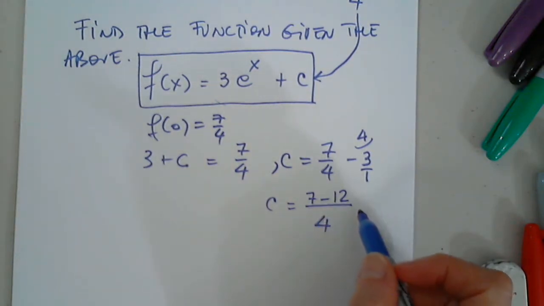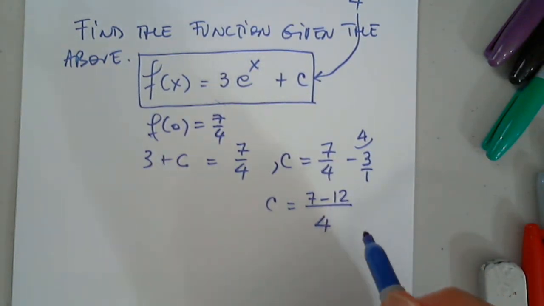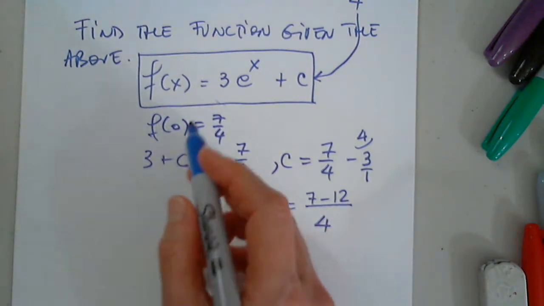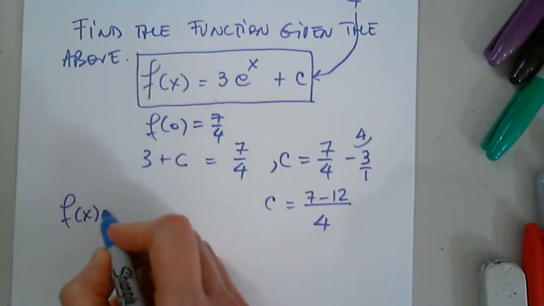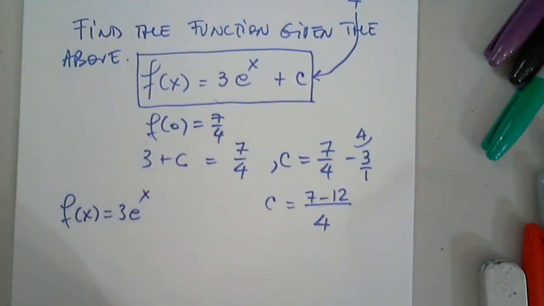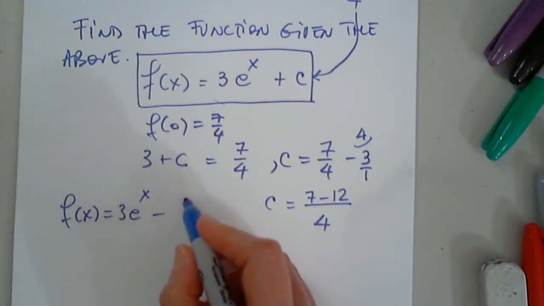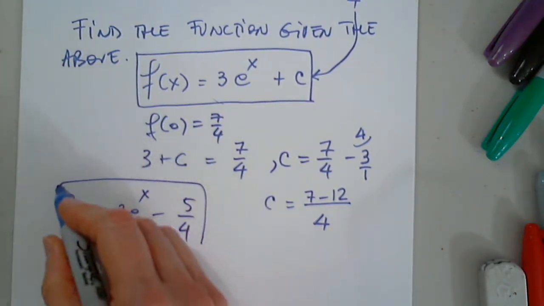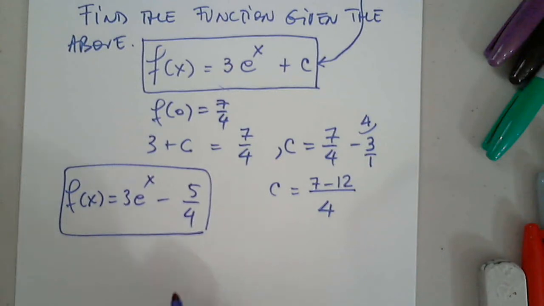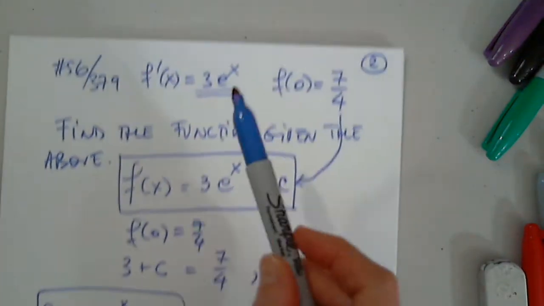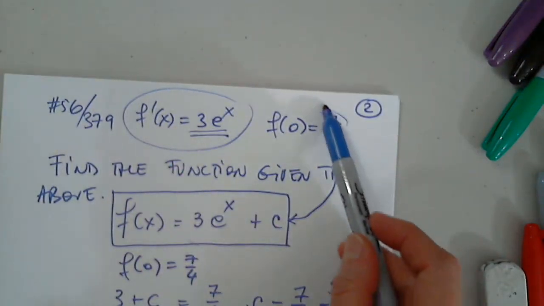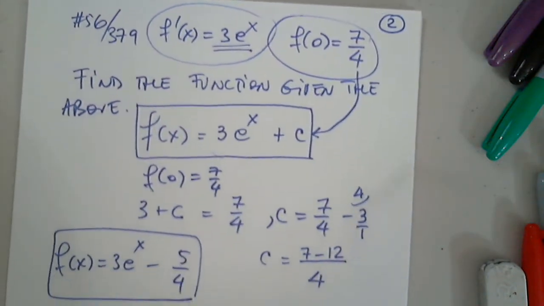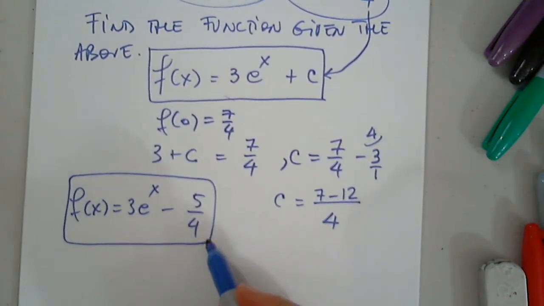So that will be negative 5 over 4. So then I go back and rewrite f of x equals 3 e to the x minus 5 divided by 4. And this is the unique function whose derivative is this and complies with the given condition. So there is only one function, which is this.